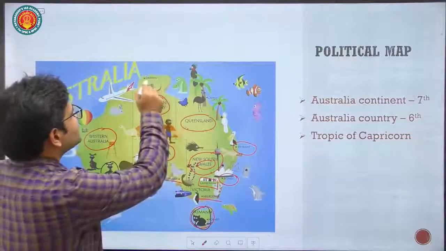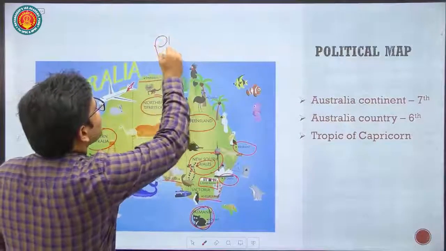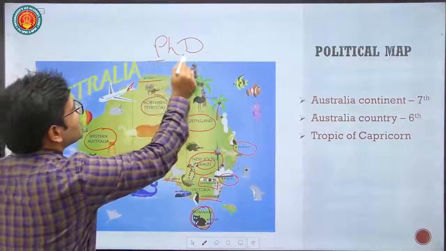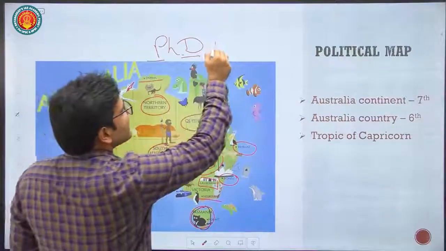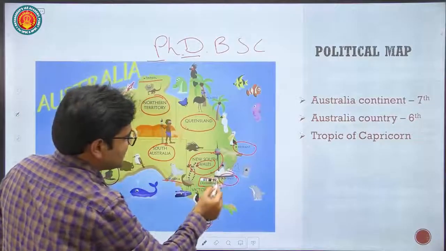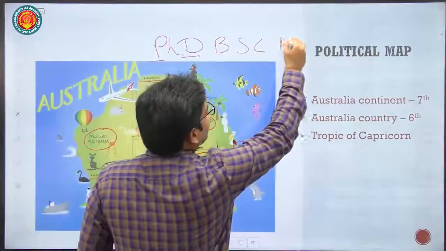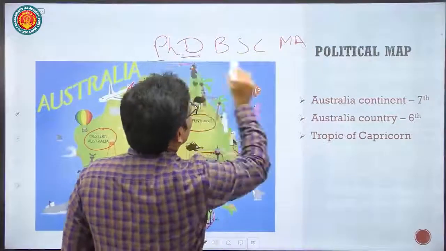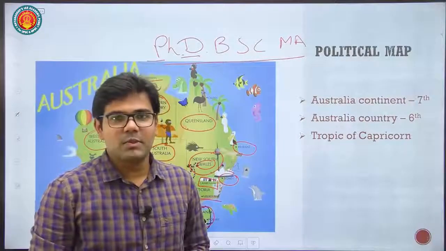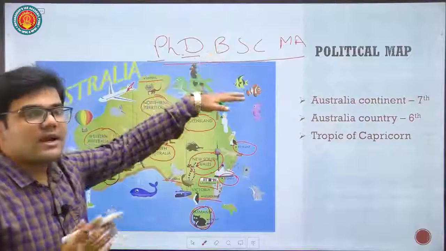So clockwise you can remember PDBSCMA: Perth, then Darwin, then Brisbane, Sydney, Canberra, and then Melbourne and Adelaide. So this is a small mnemonic to remember the cities in a clockwise fashion of the Australia continent, Australia country.